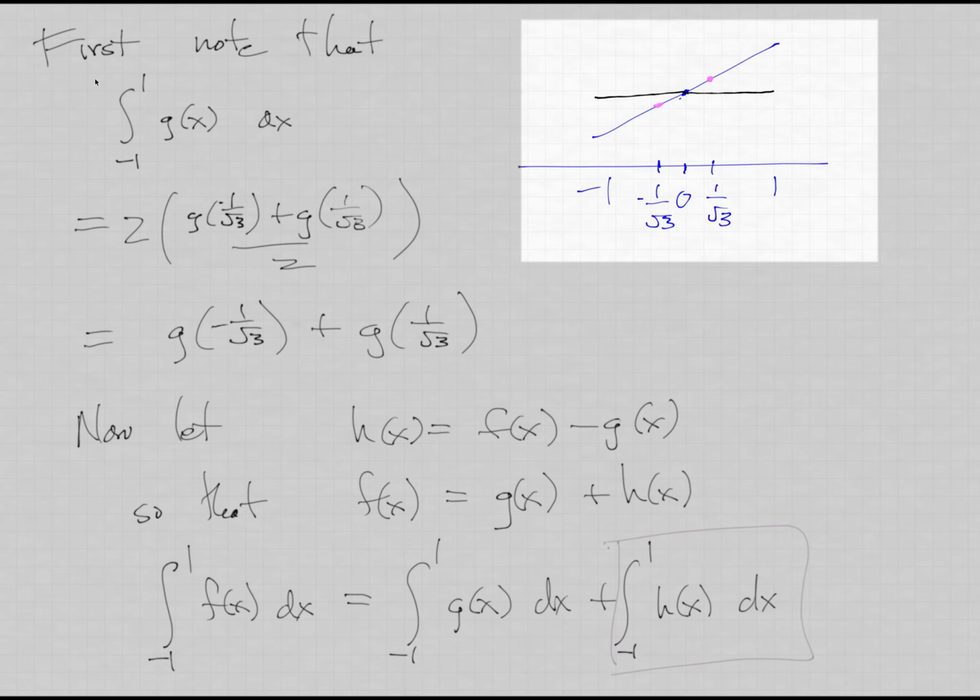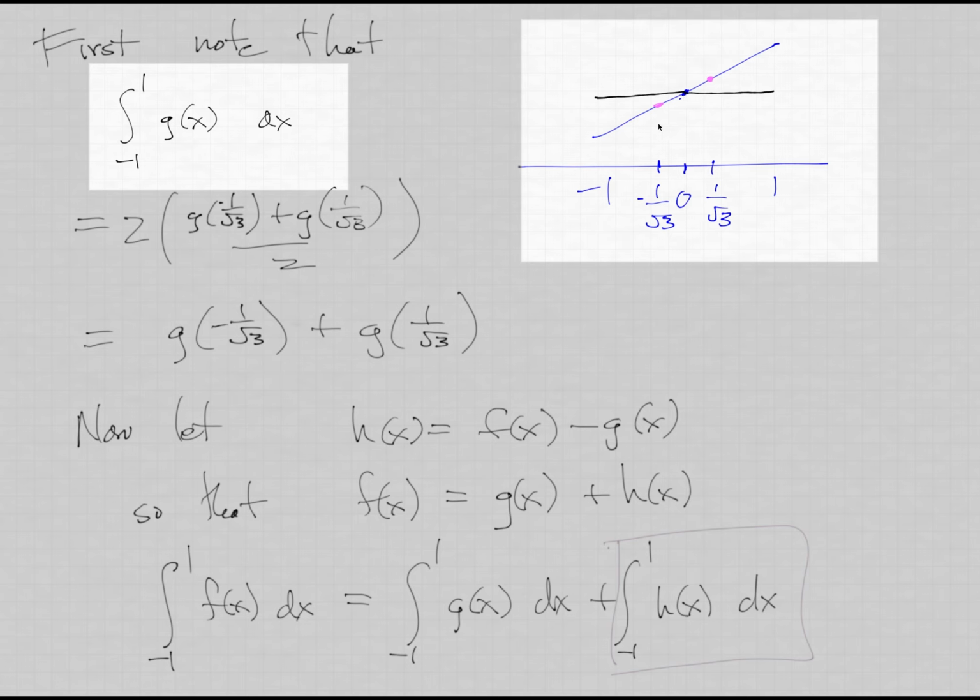Now, first of all, let's just get the formula for the integral of g. If we integrate g from -1 to 1, well, it's quite easy to integrate a linear function on any domain. For a linear function, the integral over a given domain is just equal to the length of the domain times the average value of the function, and the average value of the function is the value that the linear function takes right at the middle.